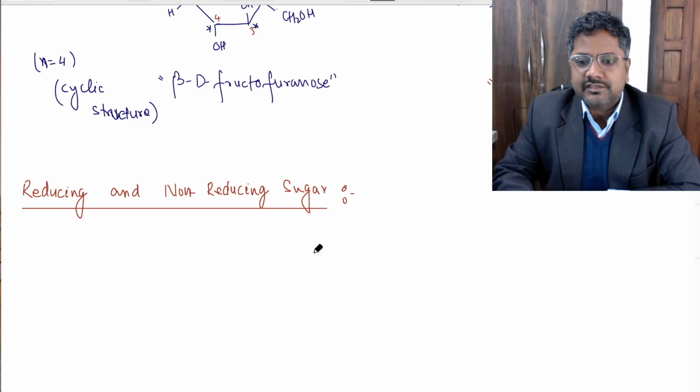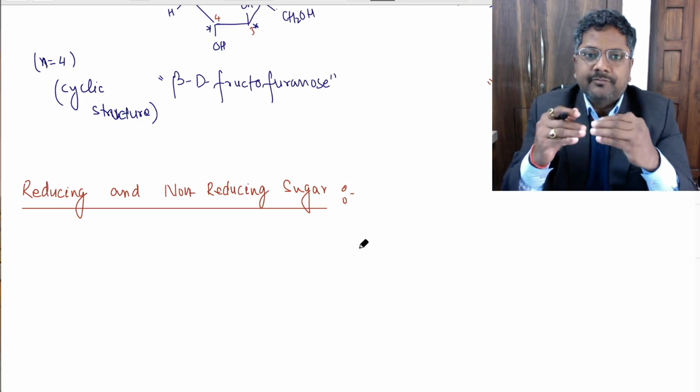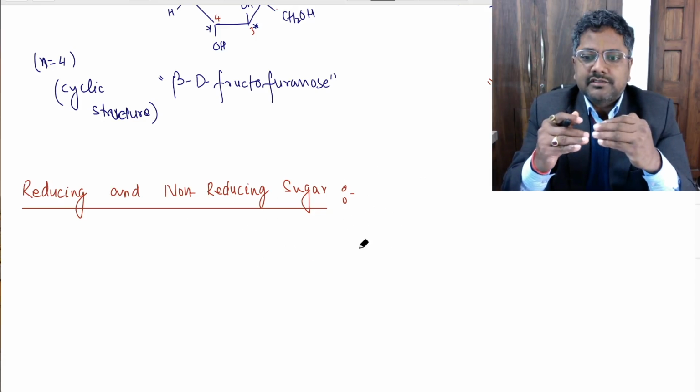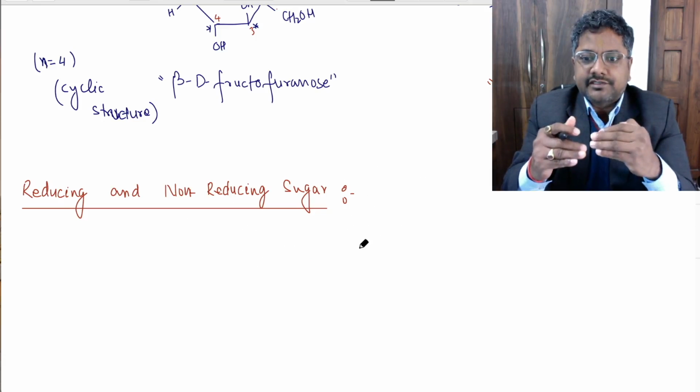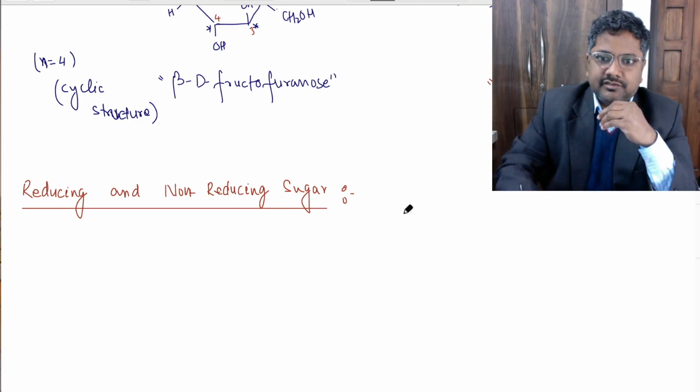So reducing sugars reduce the Tollens or Fehling's solution or Benedict's solution, and they themselves oxidize. See again, listen carefully. Reducing sugars reduce Tollens reagent or Fehling's solution, right?